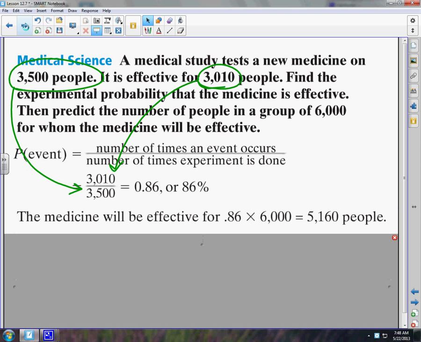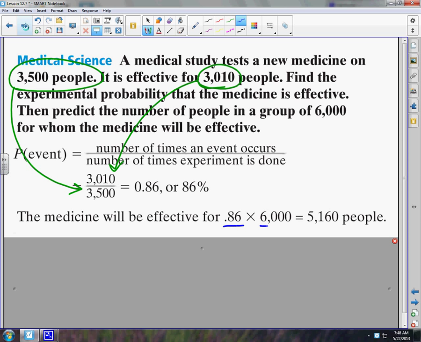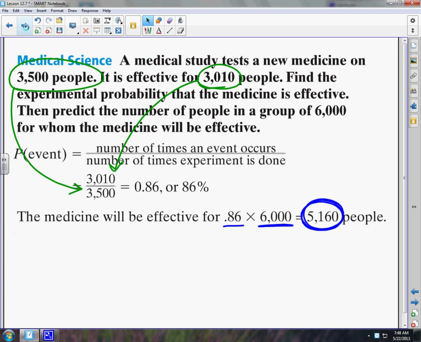They do this all the time. So the medicine will be effective for, and then you do 0.86 times 6,000. So this means that 5,160 people would benefit from the medicine because it would be effective for that many people.